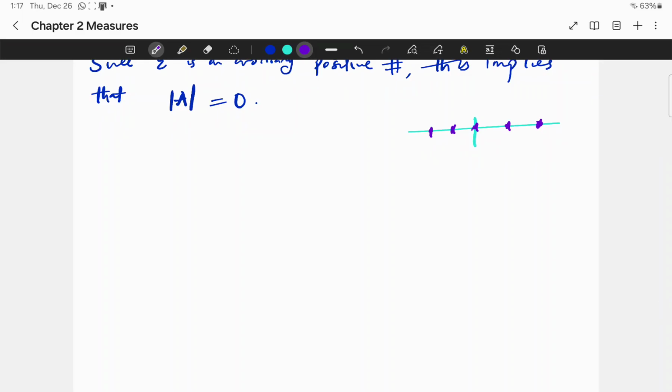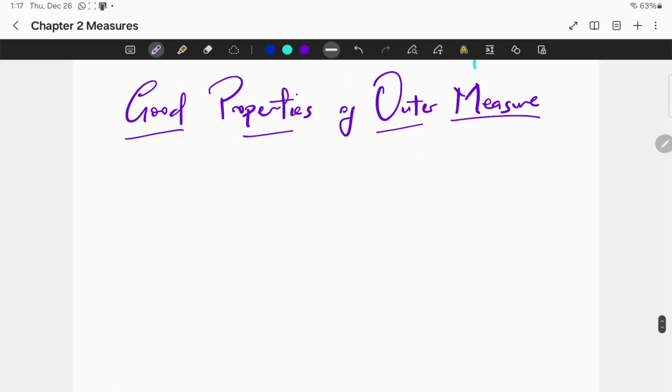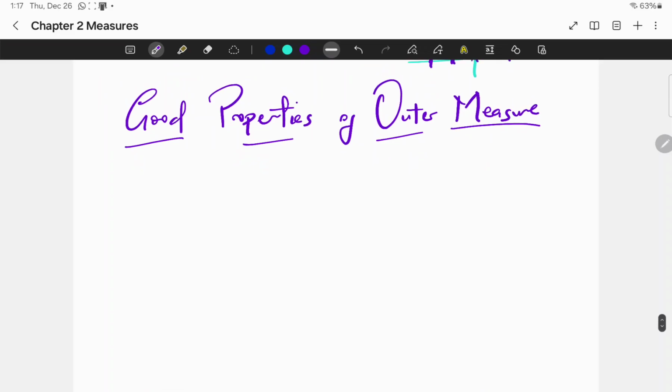So let's check some good properties of outer measure. Our outer measure has several nice properties that we are going to discuss in these sessions, and we begin with a result that improves upon the example we did above.